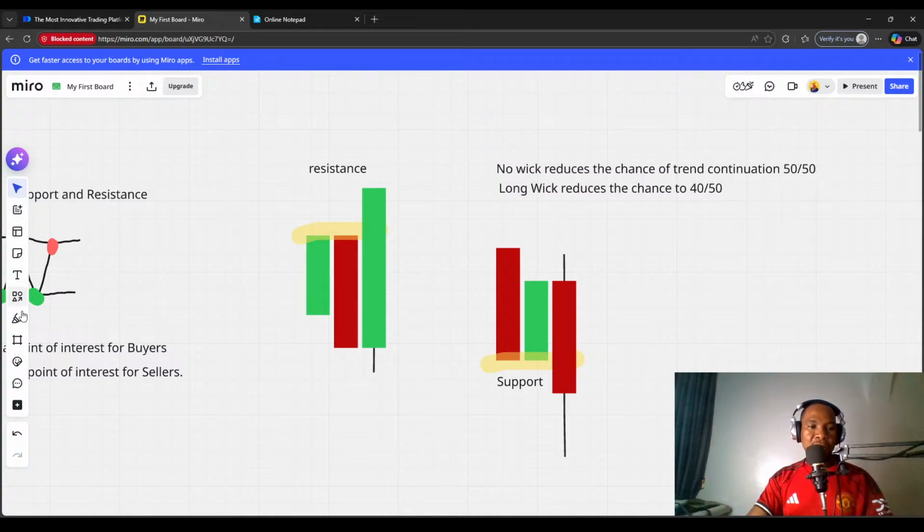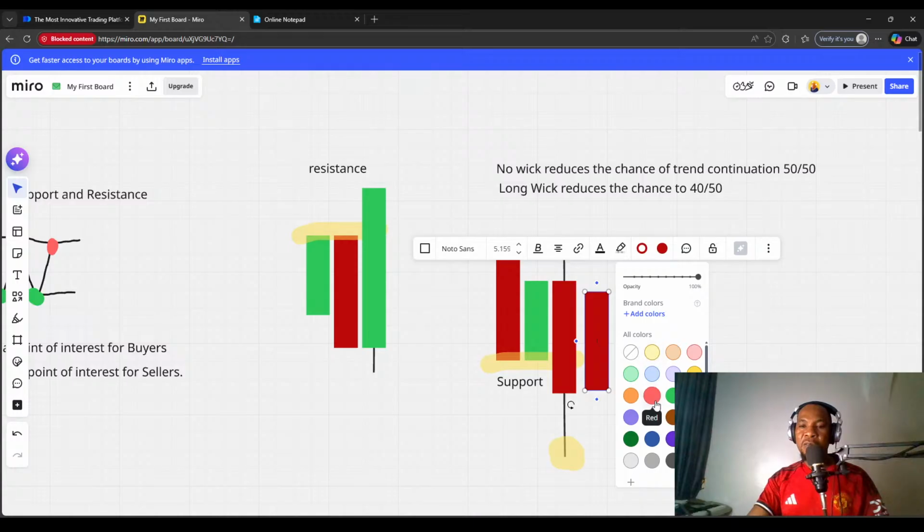And anytime price tries to come back to that particular region, you start seeing hesitation. Hesitation is something like this. It goes up, it goes down, it goes up, it goes down. Then all of a sudden you might see something like this. Boom, it goes back up and turns green.